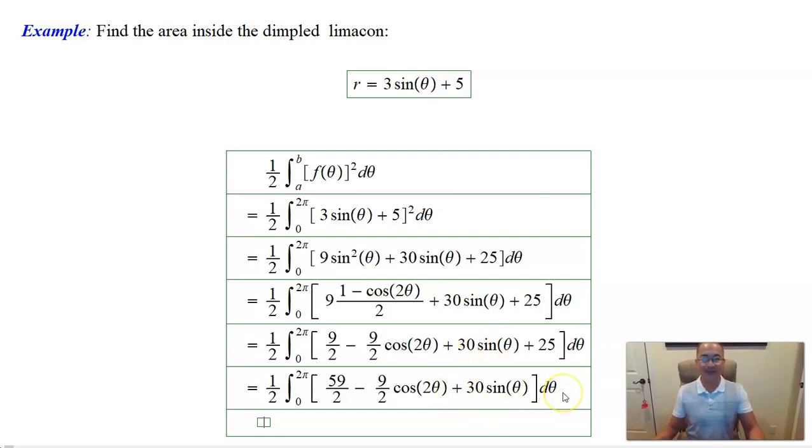Let's use our brains. Sine and cosine are both periodic, and the period is 2 pi. All right, but remember that when you think of sine, for example, the first half is above the x-axis, the second half is below the x-axis, and those two areas are the same.